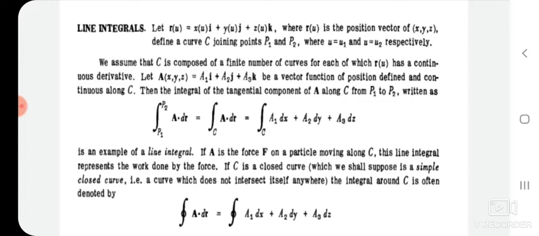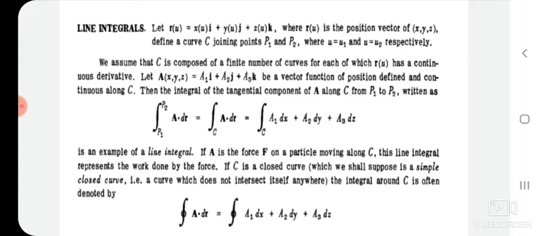Therefore, the integral of A dot dr is equal to the integral over curve C of A1 dx plus A2 dy plus A3 dz, which is an example of line integral.